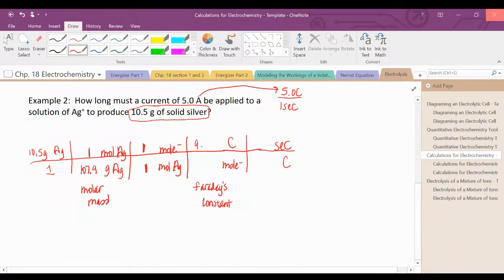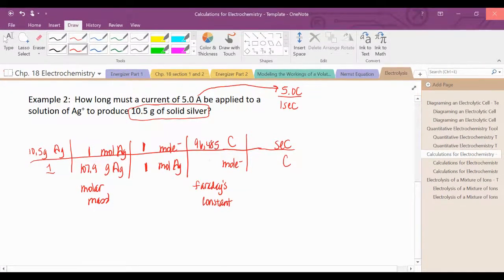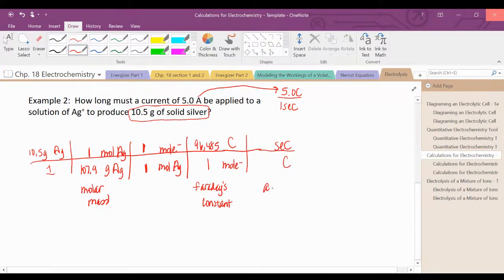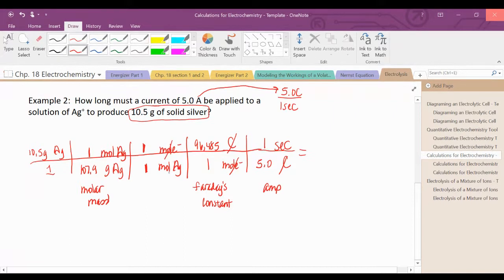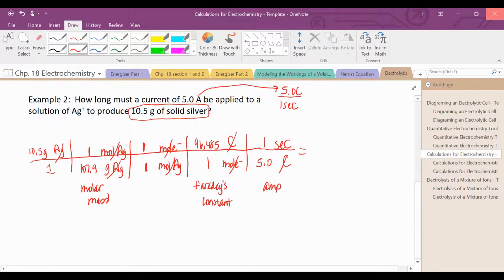So there are 96,485 coulombs in a mole. And then this would be my amps. And according to this, there are 5 coulombs per second. So we are ready to solve. So I'm going to multiply everything on the top together and divide that by everything on the bottom multiplied together.